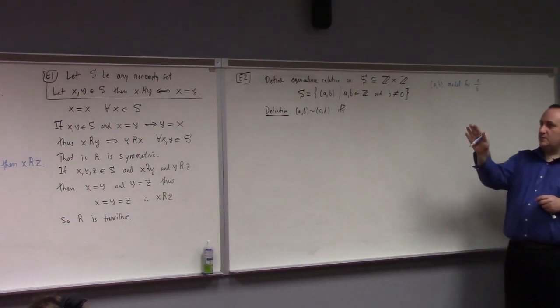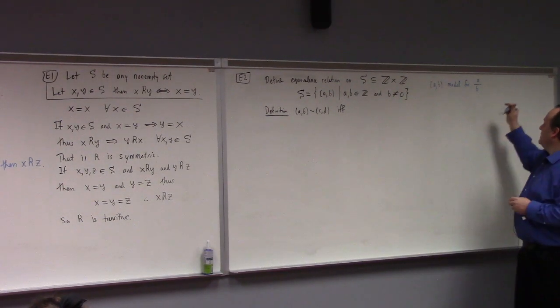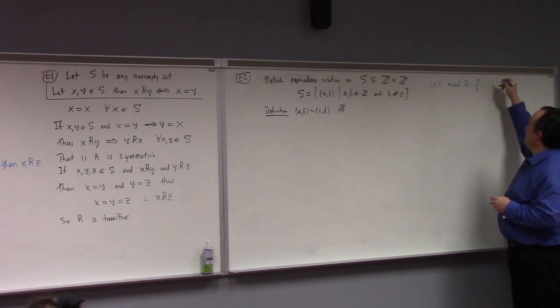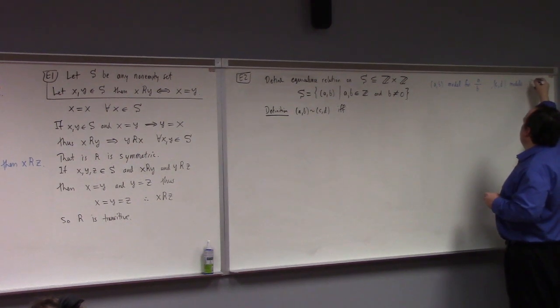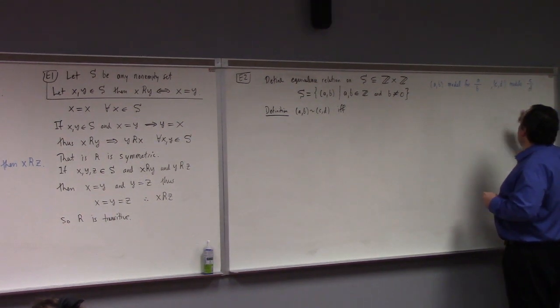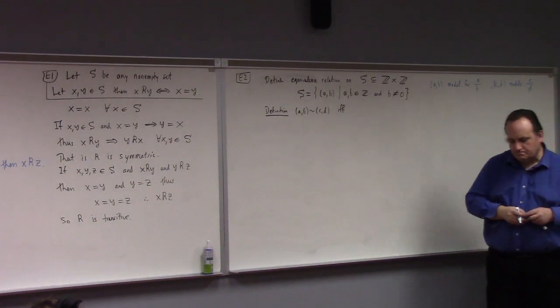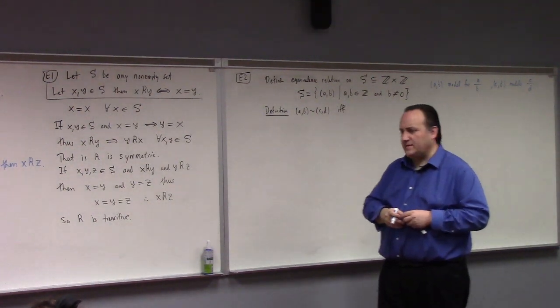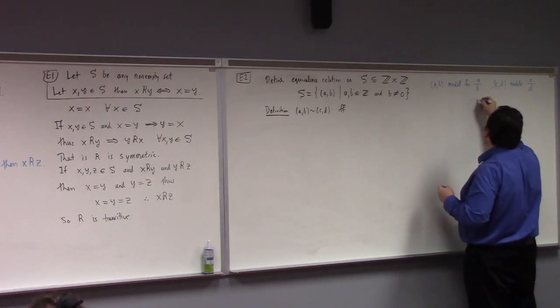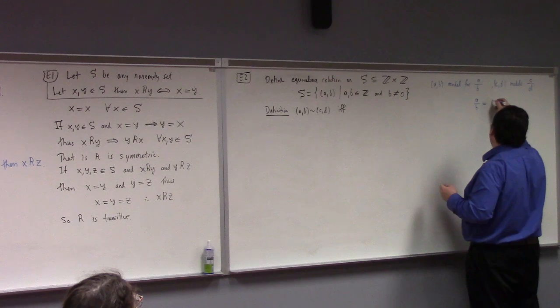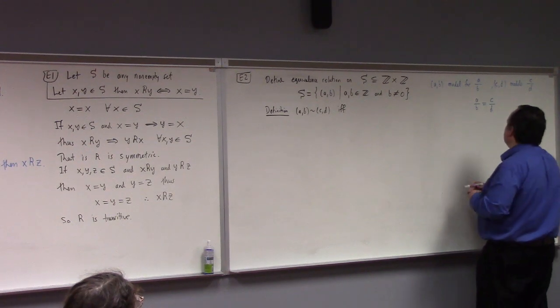If I had (c, d), it models c over d. If you like, it represents it. What should we want about these pairs? How should we define this equivalence? If we have equality of the fractions, how would that be judged? How would you judge two fractions are equal?